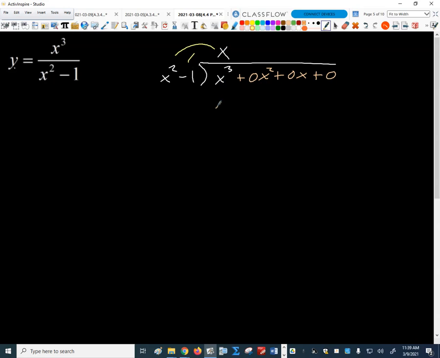X times x squared is x cubed. X times -1 is negative x. And now I'm going to subtract vertically, right? So it's a good idea to put this in parentheses and put a negative out front. So you remember you're subtracting the whole quantity. What's that give us? These cancel, of course.